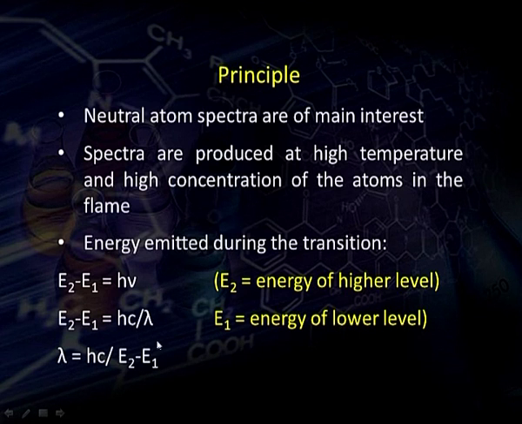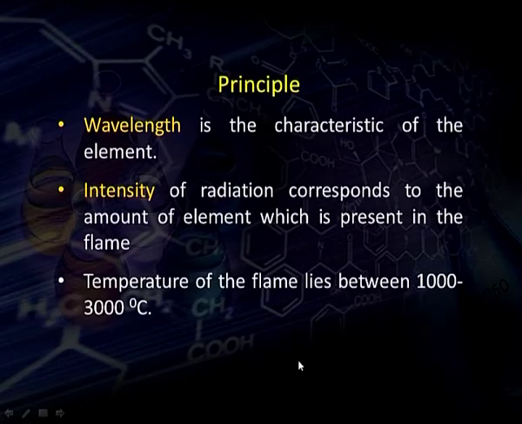From here we can obtain the value of the wavelength lambda, which is equal to hc upon the energy difference E2 minus E1. The wavelength is a characteristic of the element, as I have already told, and intensity of the radiation corresponds to the amount of element which is present in the flame. The temperature of the flame in flame photometry lies between 1000 to 3000 degrees Celsius.